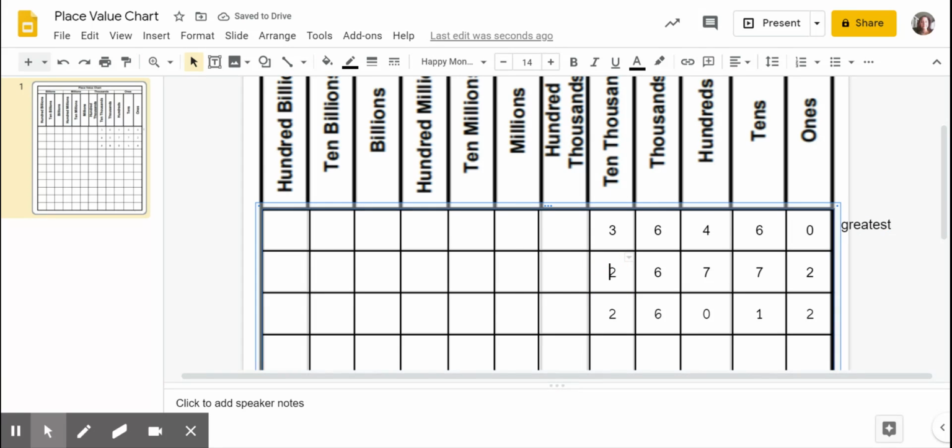Now I have to compare these two numbers, 26,772 and 26,012. Well, they both have a 2 in the 10,000s place. So we compare the thousands. They both have a 6 in the thousands. In the hundreds, however, 700s is greater than 0 hundreds. So this is the next greatest number.